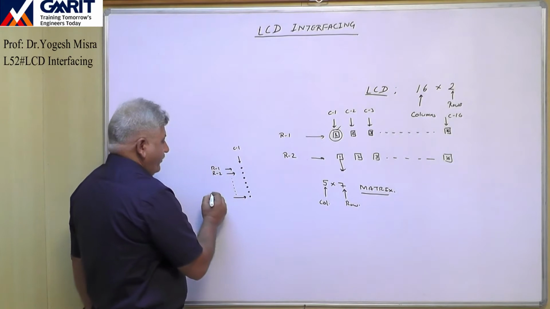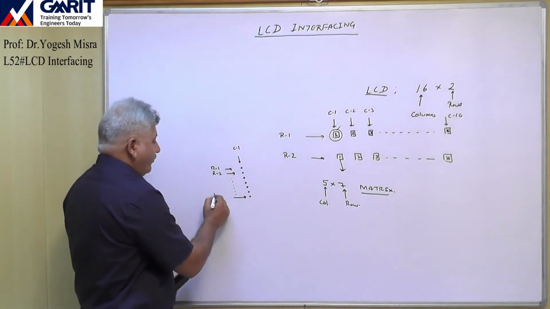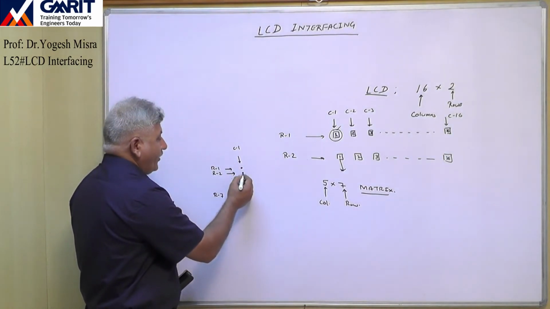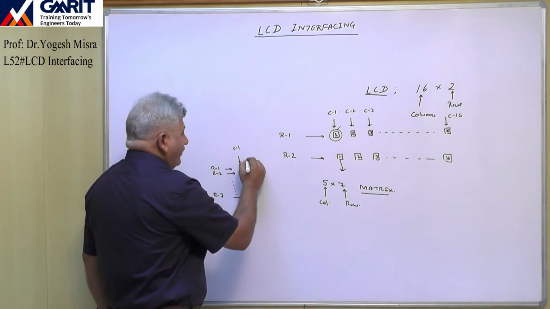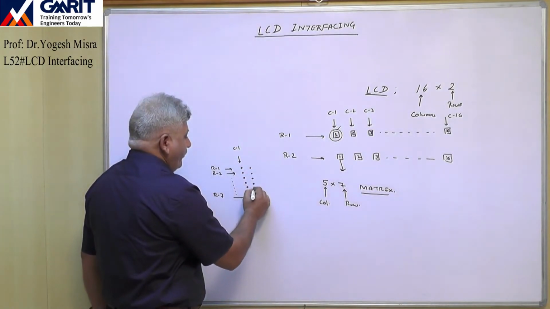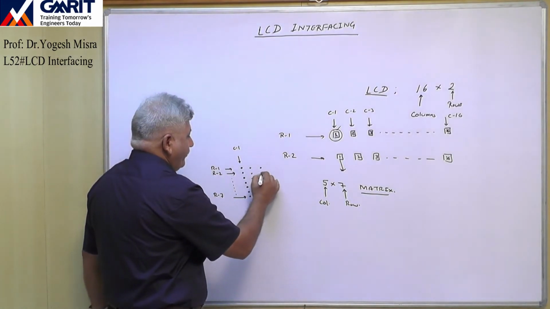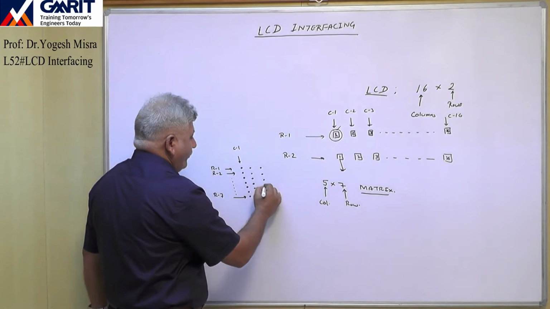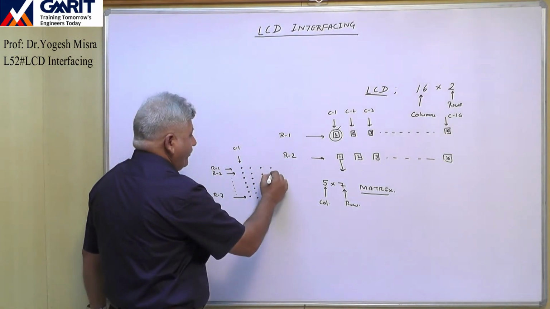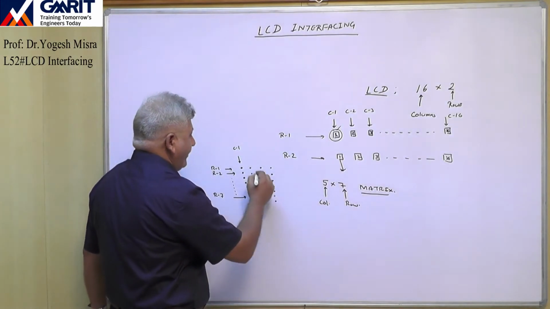This is row number 7. 1, 2, 3, 4, 5, 6, 7, and again 1 to 7 for each of the columns.